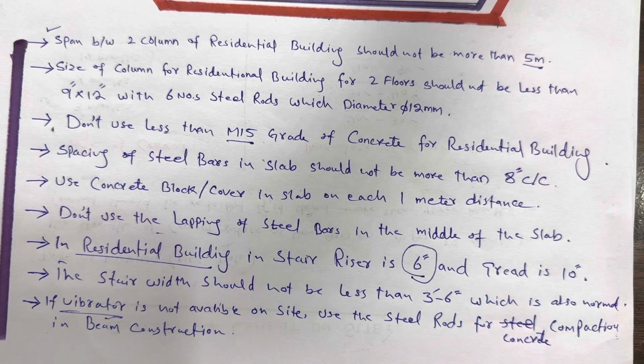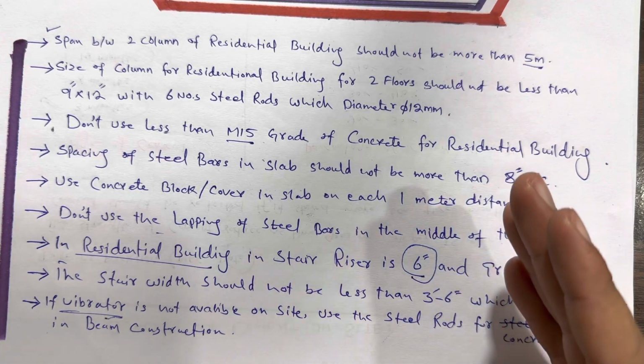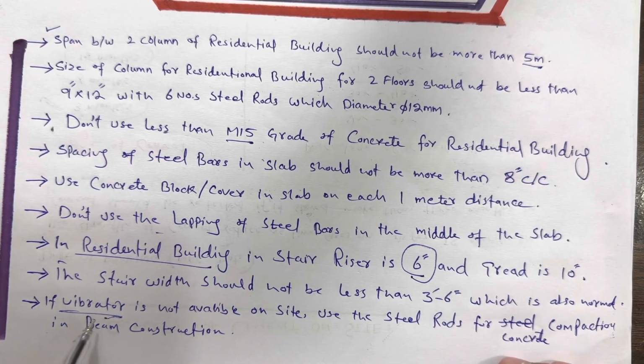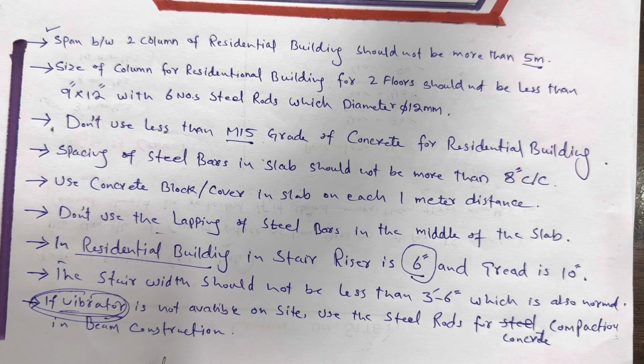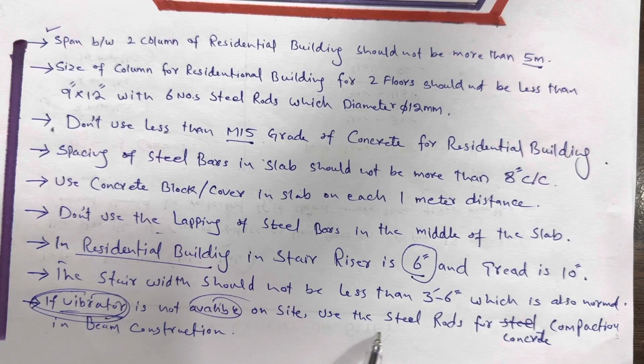In the construction of concrete work, especially in RCC slab and floor beam, sometimes you don't have the vibrator machine. So if you don't have the vibrating machine for vibrating the concrete inside the RCC beams or floor beams, so if the vibrator is not available on the construction site, use the steel rods. Okay, for concrete compaction in the beam construction.